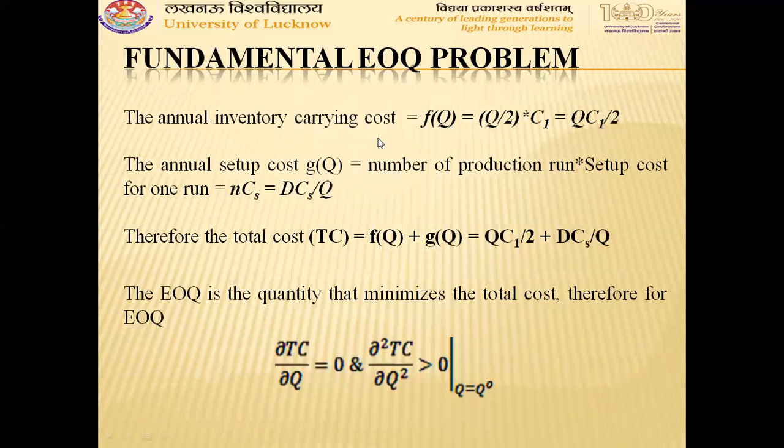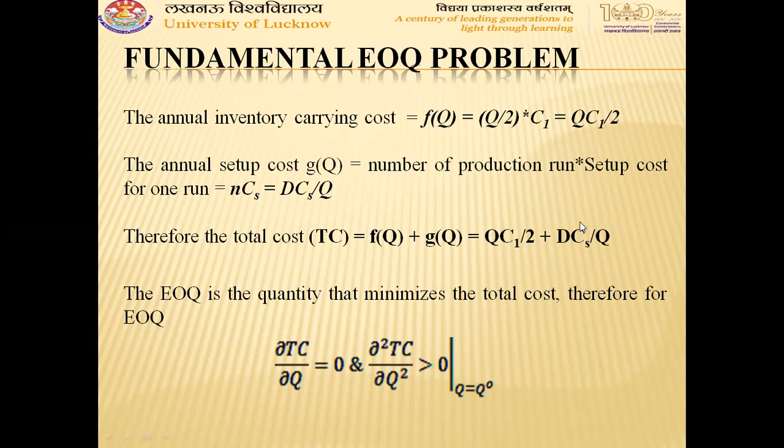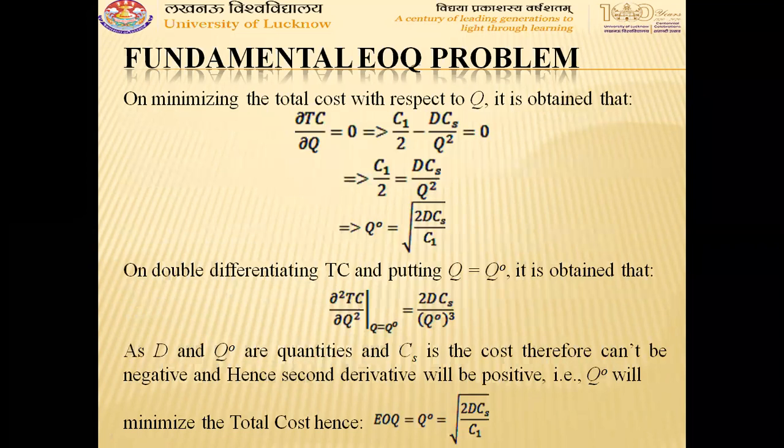Here you can see total cost is Q C1 upon 2, so we differentiate it and it will give C1 upon 2. The second term differentiated with respect to Q will give minus D CS upon Q square. So the first derivative will become C1 upon 2 minus D CS upon Q square, which will be equal to 0.